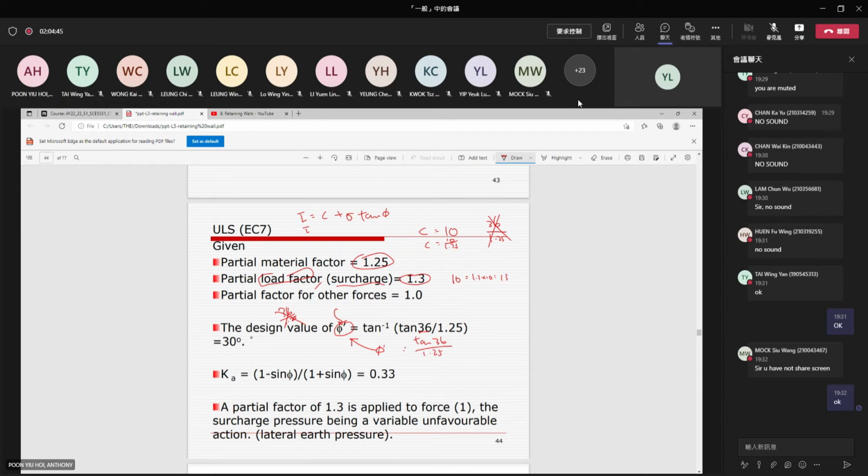So it should be C divided by F, and then tangent phi divided by F.